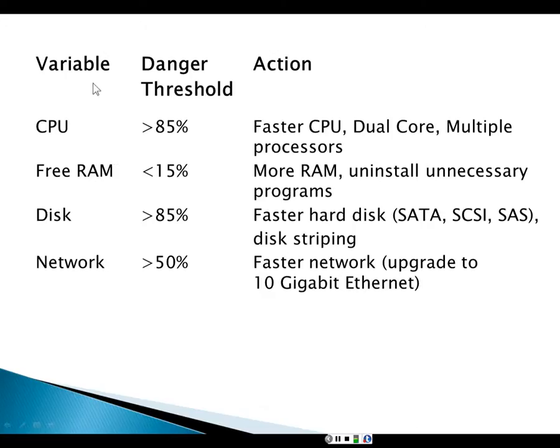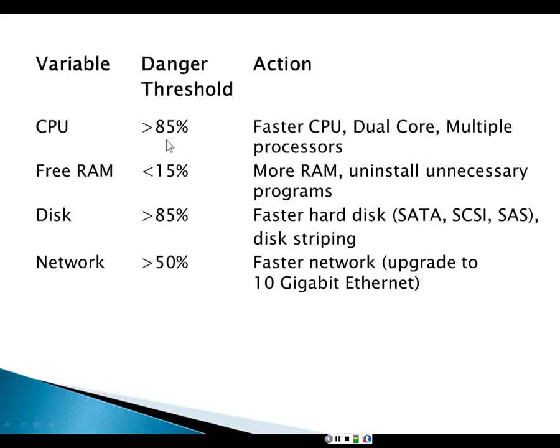So in general, we have three general variables which we measure, and each variable has a danger threshold, and then there is an action that we might take to satisfy that danger threshold. For example, if CPU utilization is greater than 85%, that is considered a danger threshold.